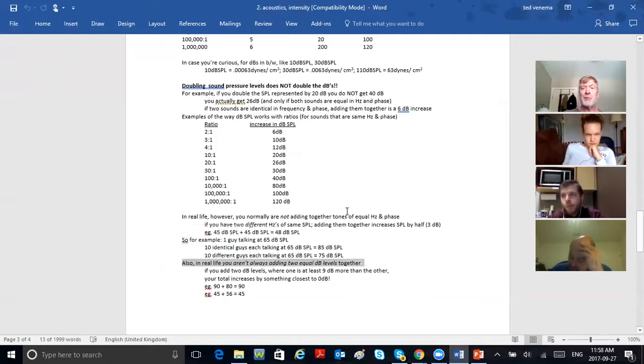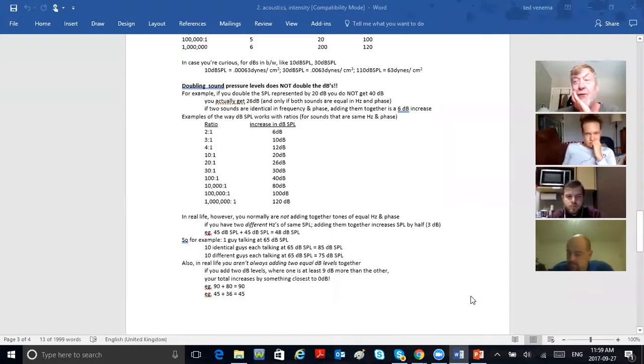Then I'll tell you this right to your faces: 60 decibels sound pressure level plus 50 decibels sound pressure level is basically 60. An elephant plus a mouse is basically an elephant. If you weigh an elephant and it weighs a ton, and you put a mouse on the elephant's back and weigh the elephant, it's basically the elephant, right?